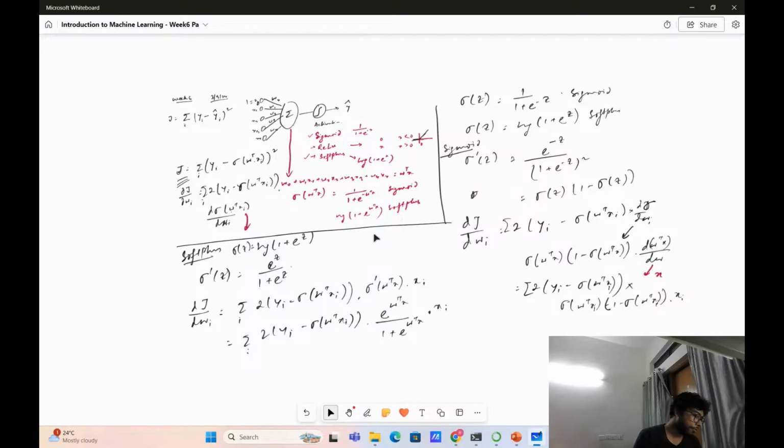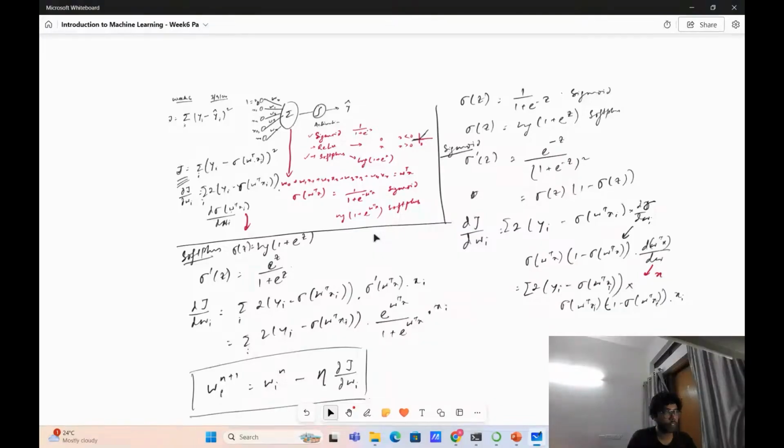After we obtain the derivatives, the weight update step is w_i minus some learning rate eta times dJ/dw_i. So this is the iteration that we do in our computer to update the weights until it converges.